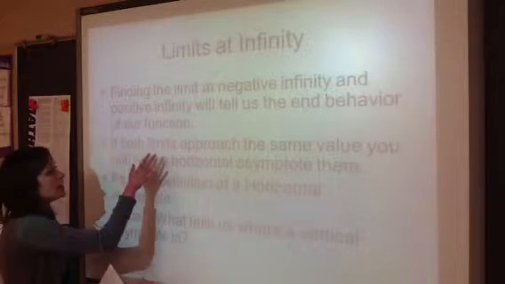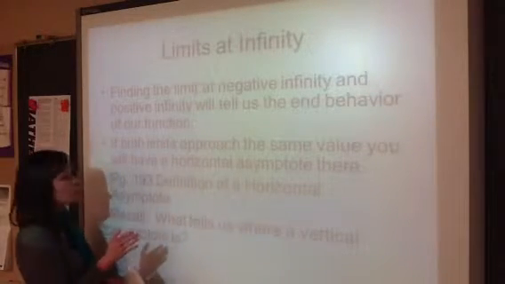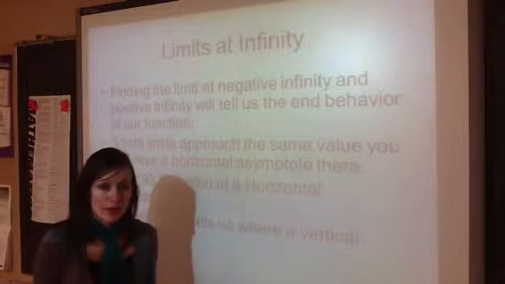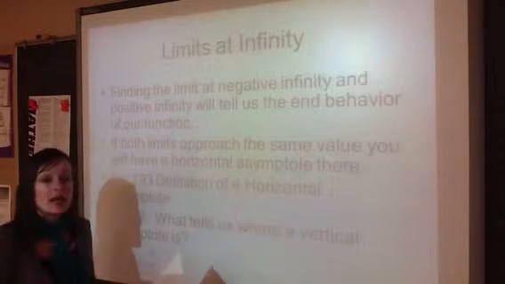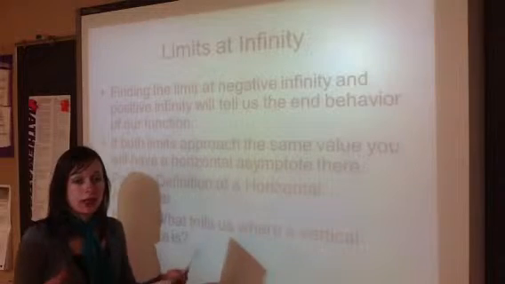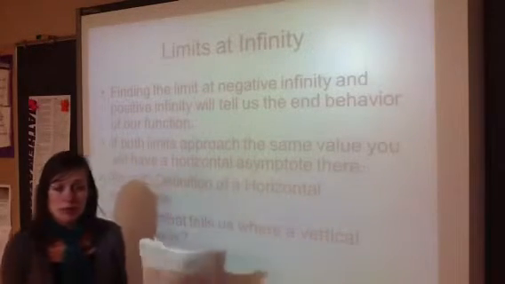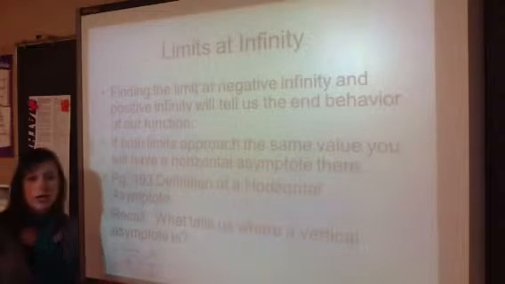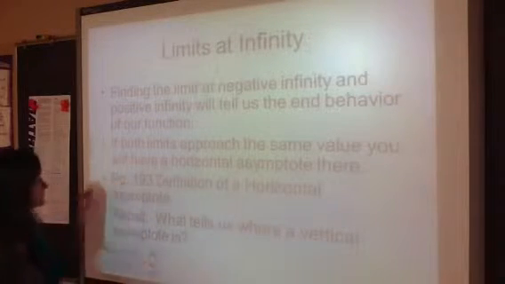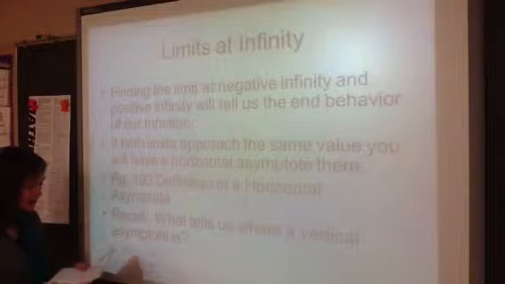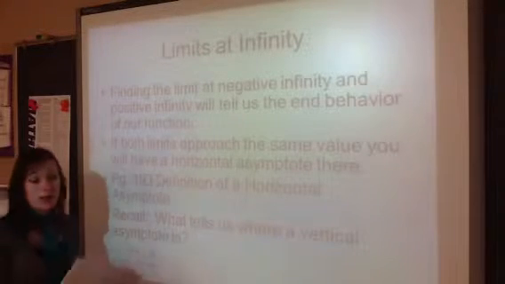If the limits approach the same value, you have a horizontal asymptote there. For example, on number 7, if both of our answers, as we did the limit to infinity and the limit to negative infinity, if we got 2 both times, that would be a horizontal asymptote at y equals 2. So if we read page 193, it just reiterates what I said.